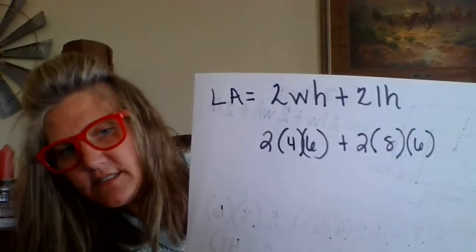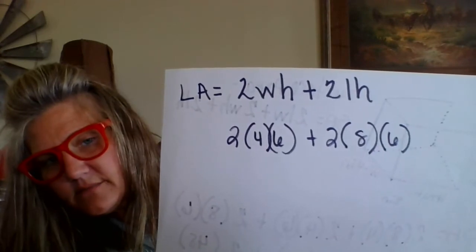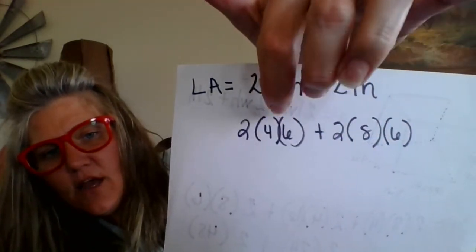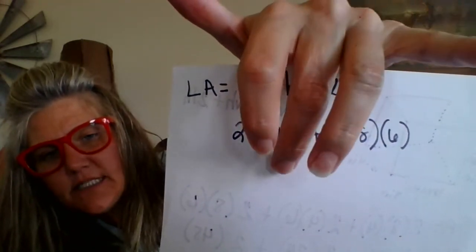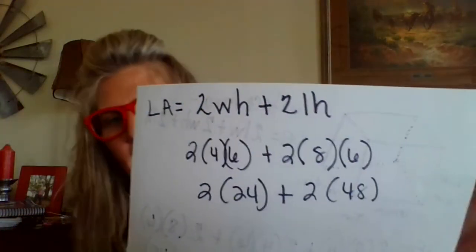So I just plug those in, just like that. Now I'm going to multiply 4 times 6 is 24. So 2 times 24 plus 2 times 48, because 8 times 6 is 48.